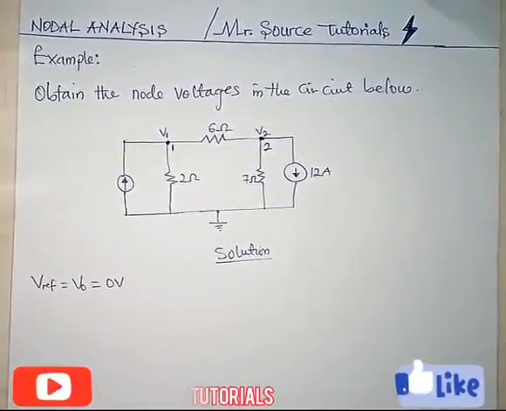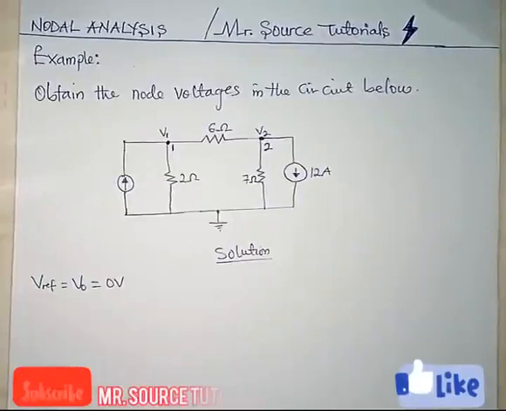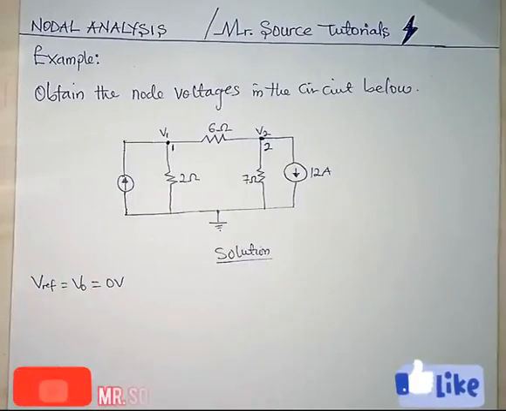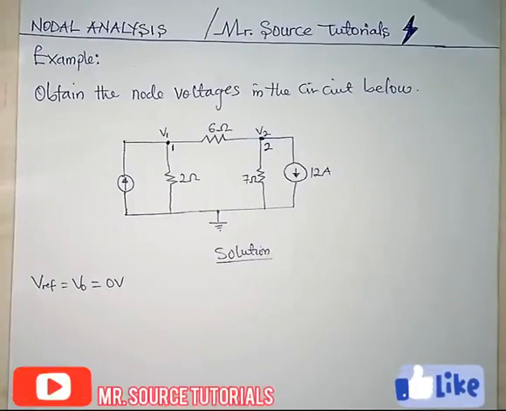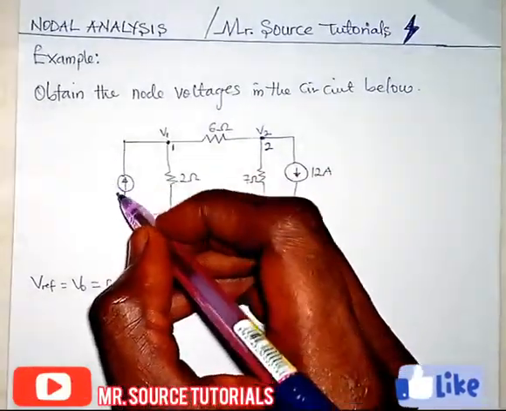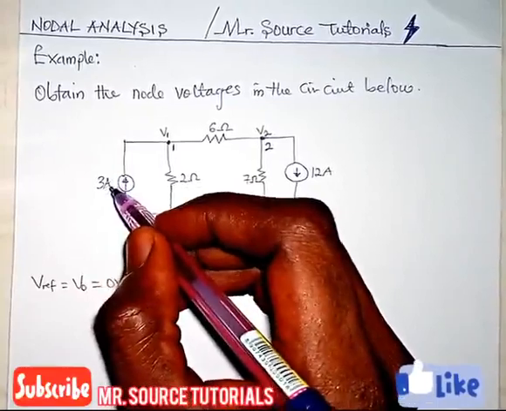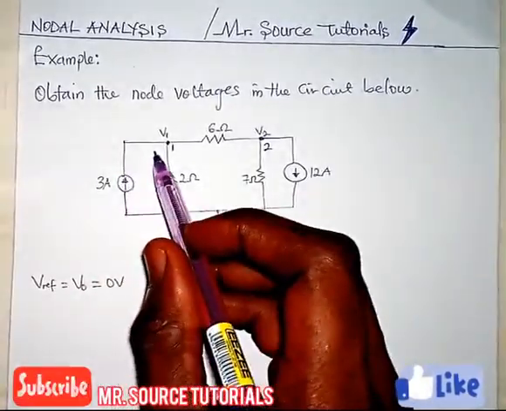After assigning the node voltages, the next thing for us to do is assign the current at each node respectively. This current is a 3 ampere current, flowing in this direction.